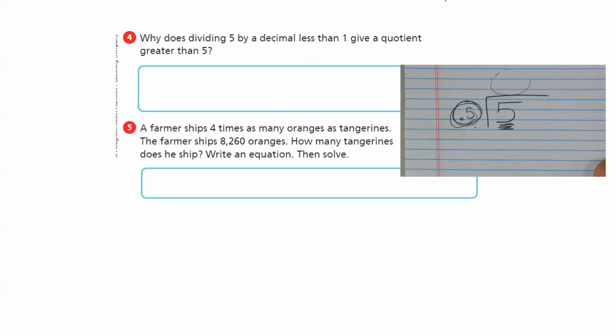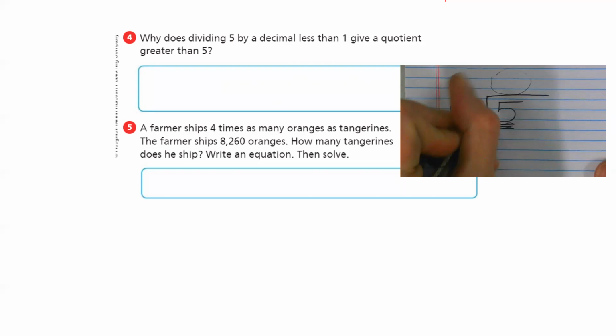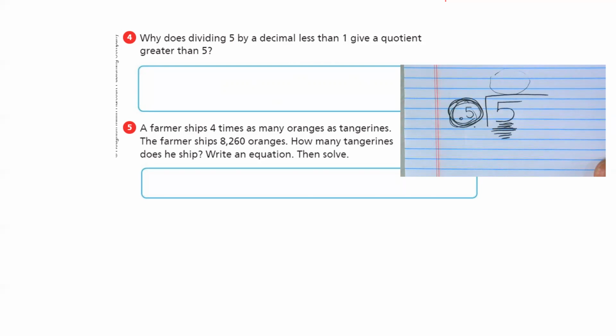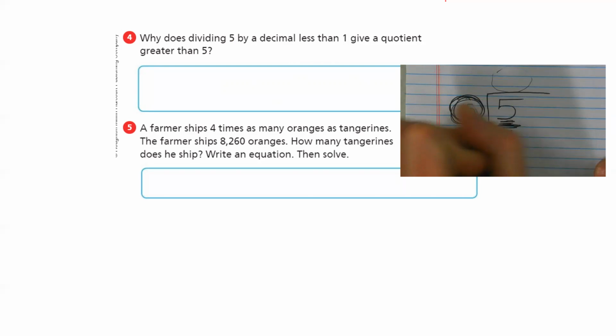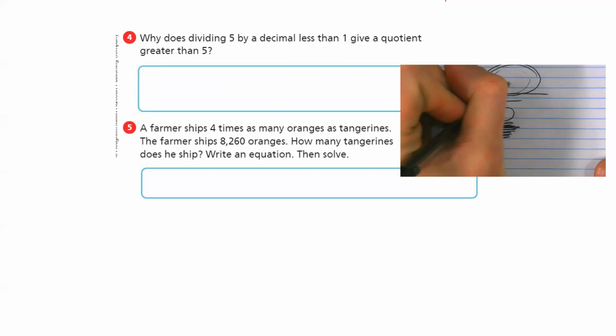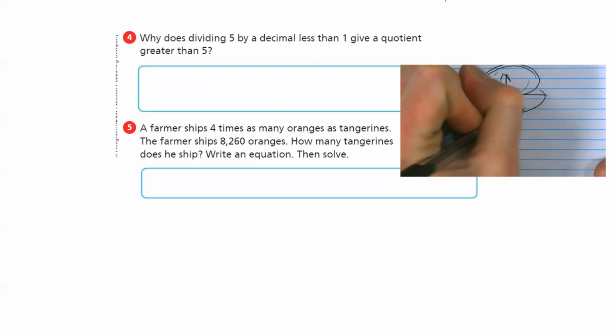That's all you need. So whenever this is smaller than 1, each of these can make more than one group. And if each of these can make more than one group, then this answer will be bigger than what you started with.